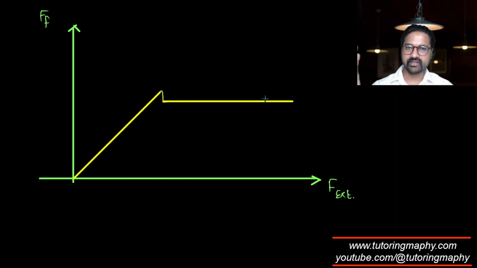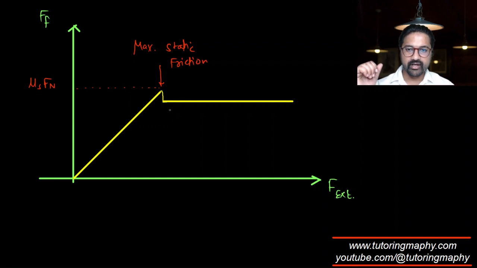Then the friction becomes constant. Why? Because this is kinetic friction, and kinetic friction is always constant. This maximum value is mu s times normal reaction, so this is the maximum static friction. However, this region is the kinetic friction, which is always constant.